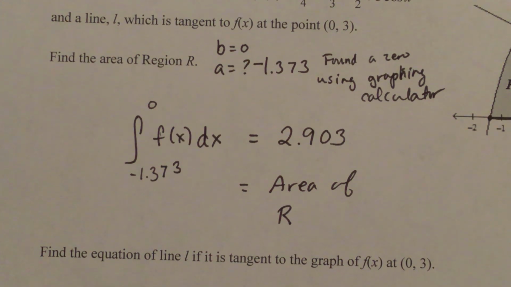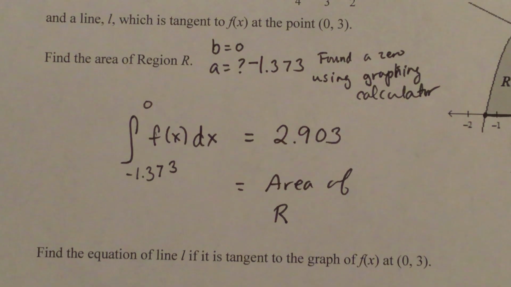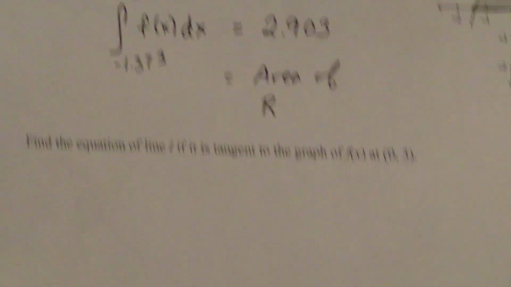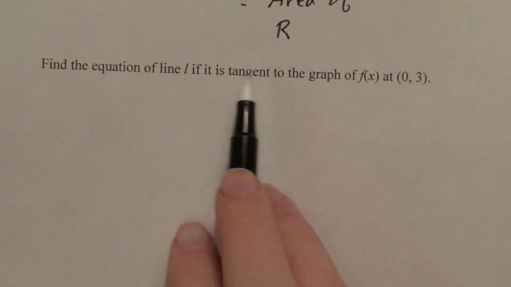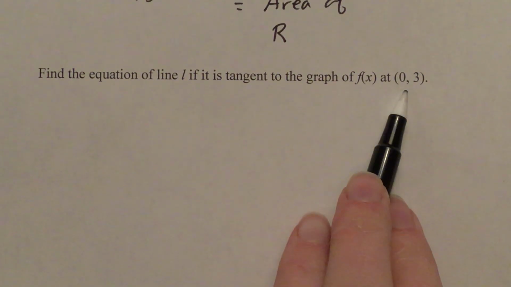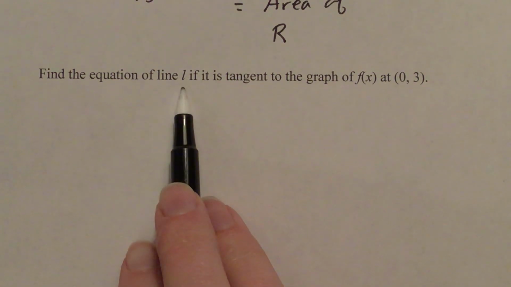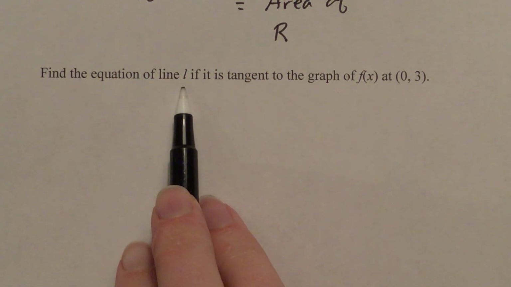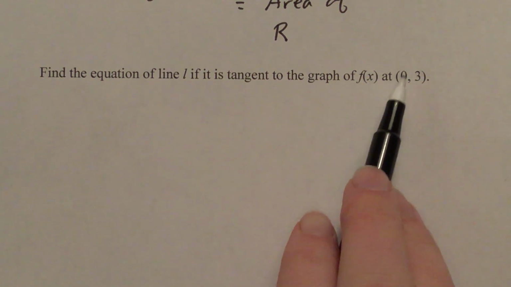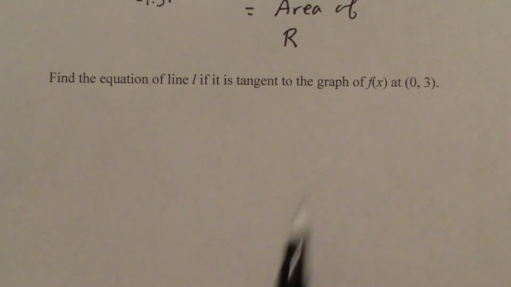All right, great. Next one, find the equation of line L if it is tangent to the graph of f of x at 0, 3. Okay, we talked about this for a second. If L is tangent to the graph of f of x at 0, 3, that means the slope of L is f prime of that x value, 0.